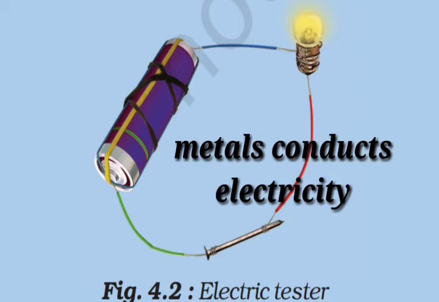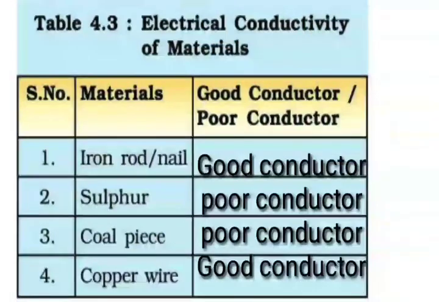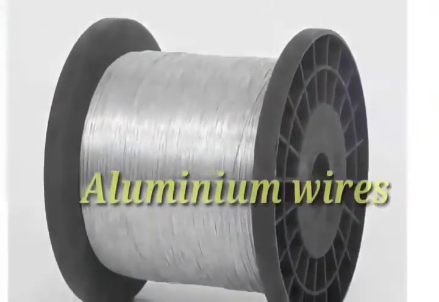Instead of iron nail, if you keep a piece of charcoal, will it conduct? No. So metals are good conductors of heat and electricity and non-metals are poor conductors of heat and electricity. Okay. So this is the next physical property, the important physical property.